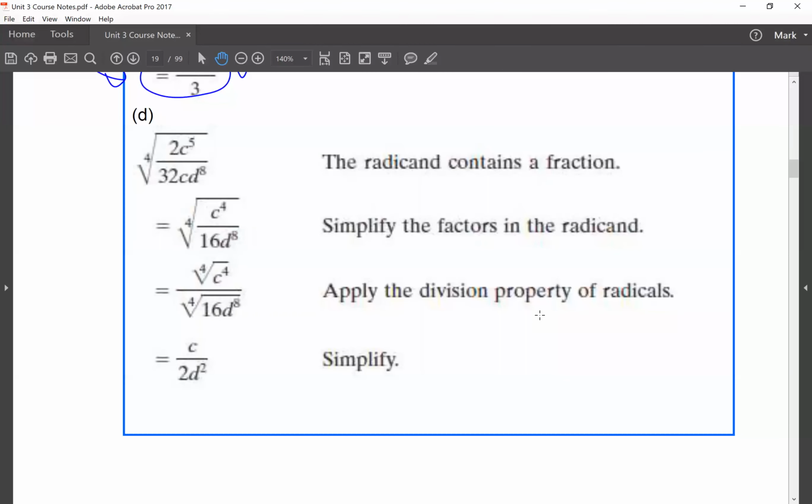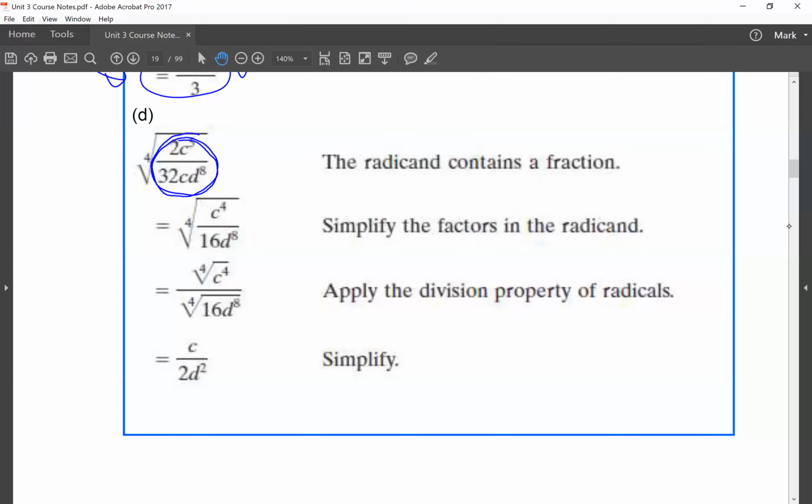First, question D. It's a quarter root, I guess you would call it, or a root with a 4 there. The radicand under it has numbers and letters, so a little bit of work to solve this one. We want to simplify this as much as possible. So in the fraction, the first thing I do is reduce.